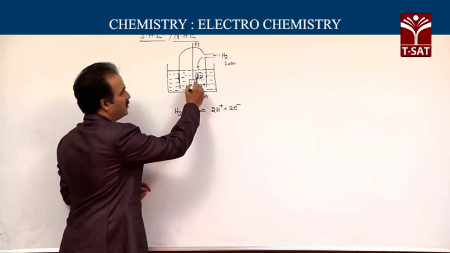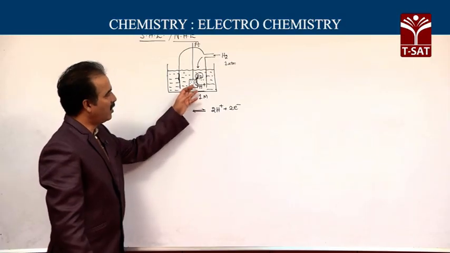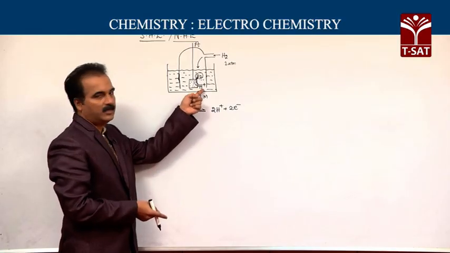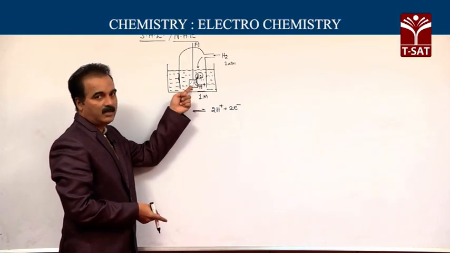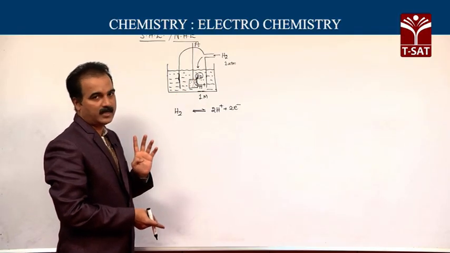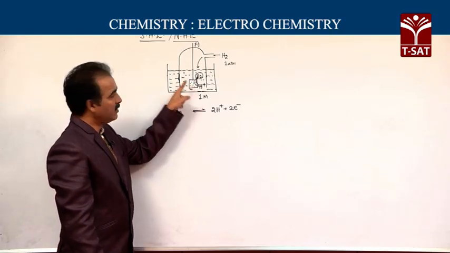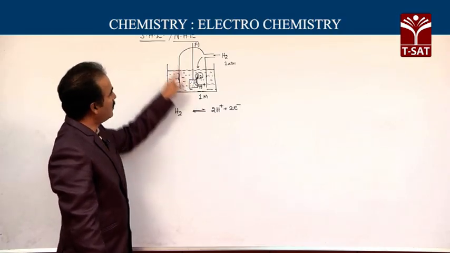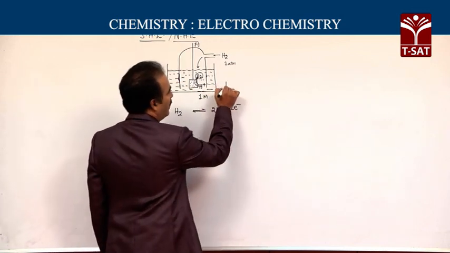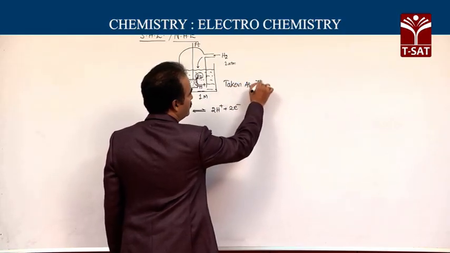So, there develops some negative charge density over this platinum plate. On the platform of platinum, hydrogen comes and oxidizes as H plus, and the electrons delivered on the surface are received by the H plus ions and liberated as hydrogen gas. At equilibrium condition, some potential is developed here. This potential which is developed at the standard hydrogen electrode is taken as 0.